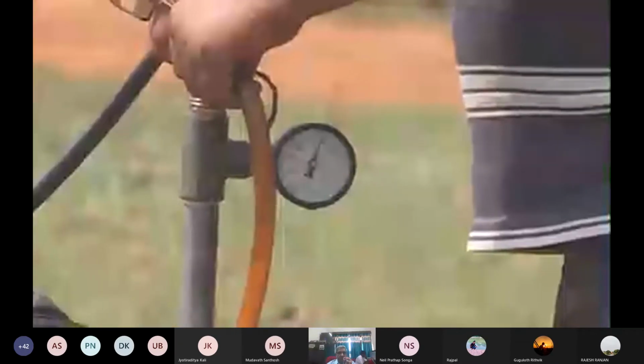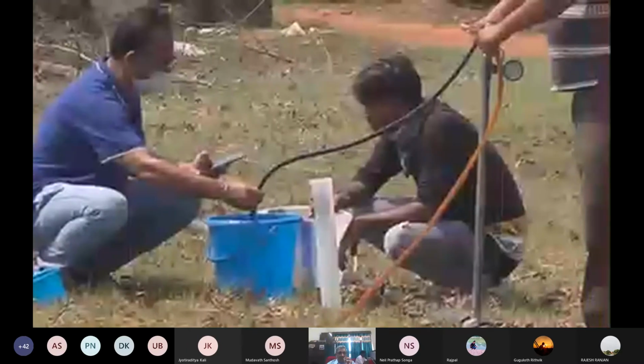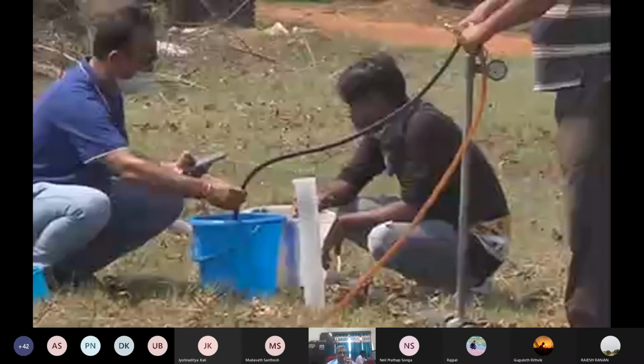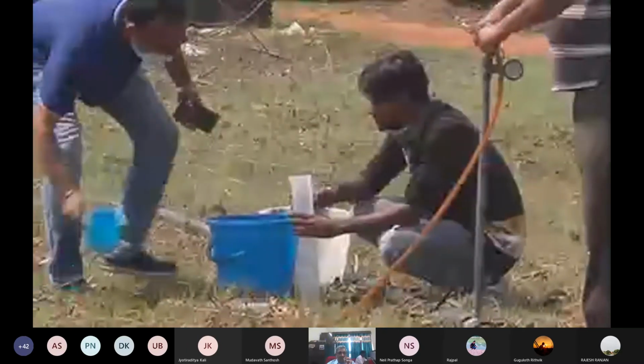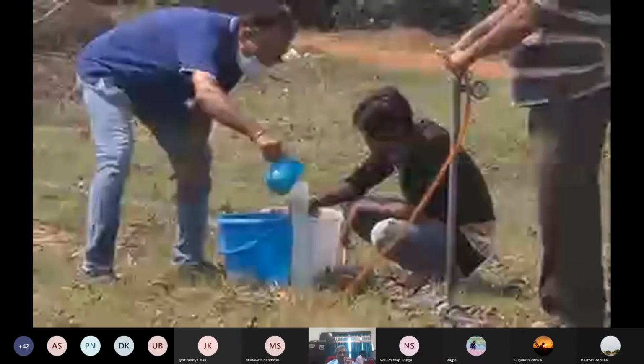This is the discharge from another nozzle.